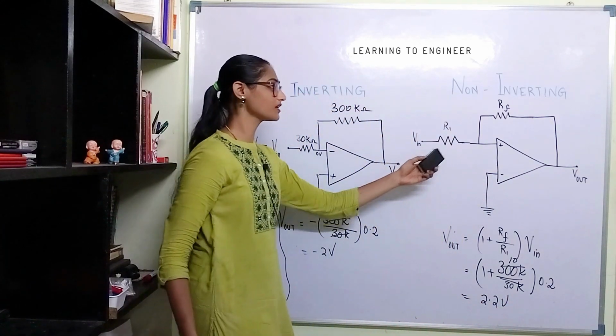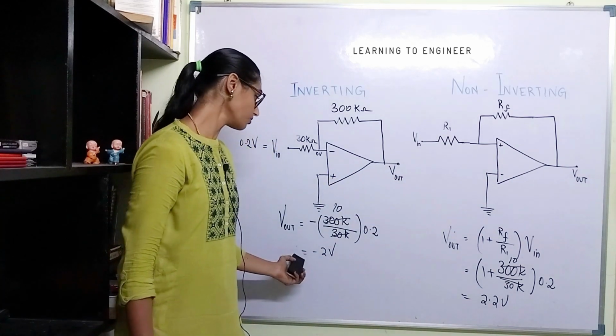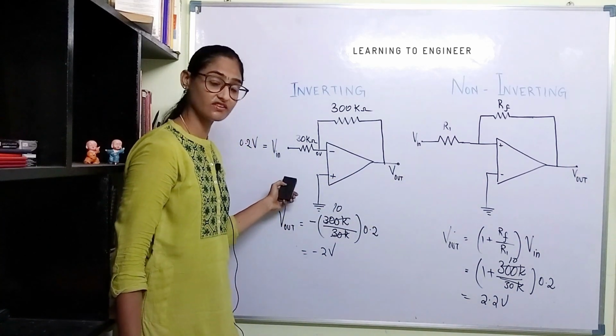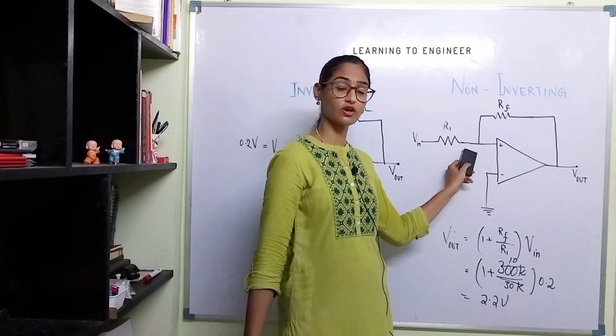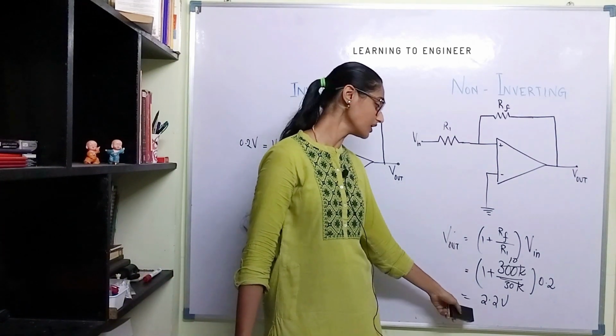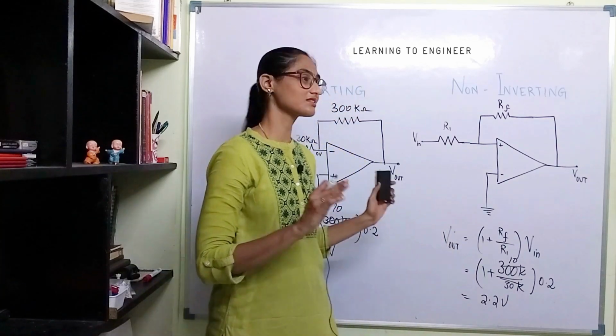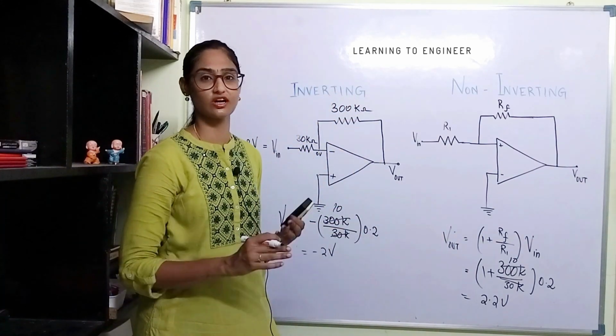So for the same input and the same resistors, the output in the inverting configuration is minus 2 volt and the output in the non-inverting configuration will be plus 2.2 volt. This is just a very basic problem to start with.